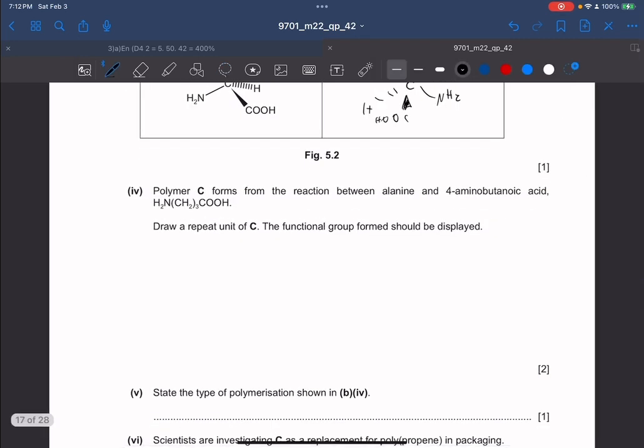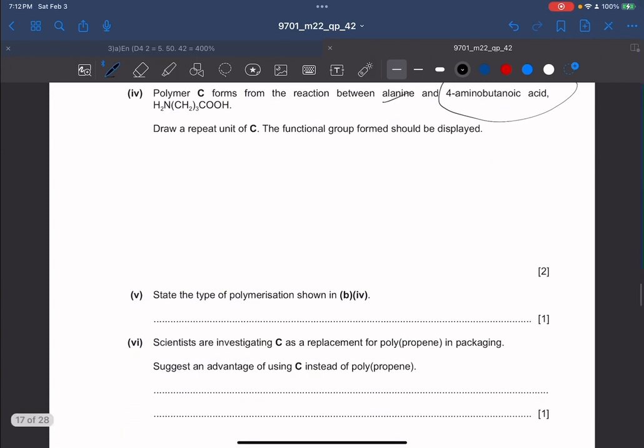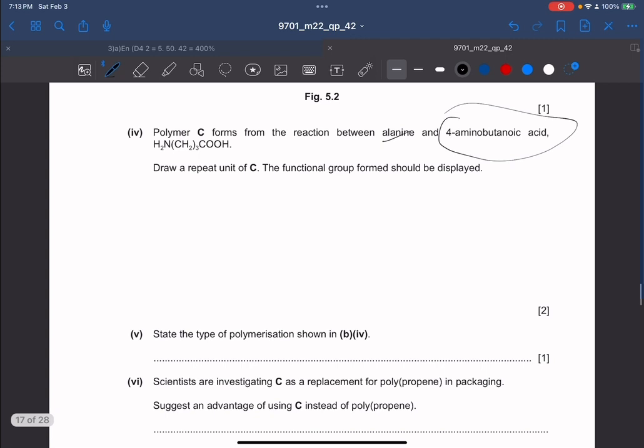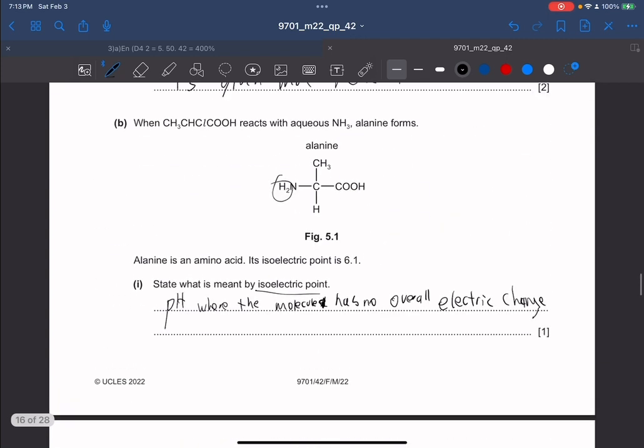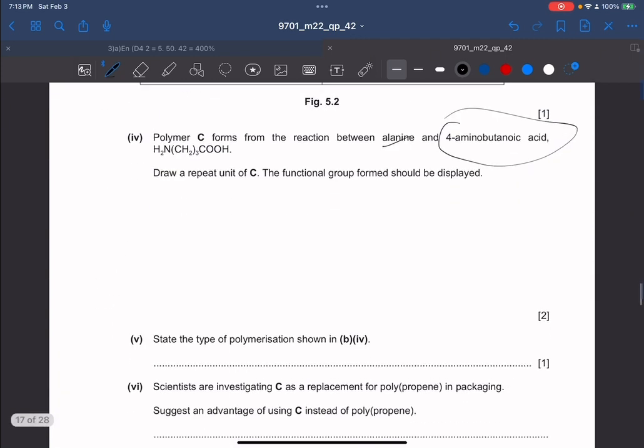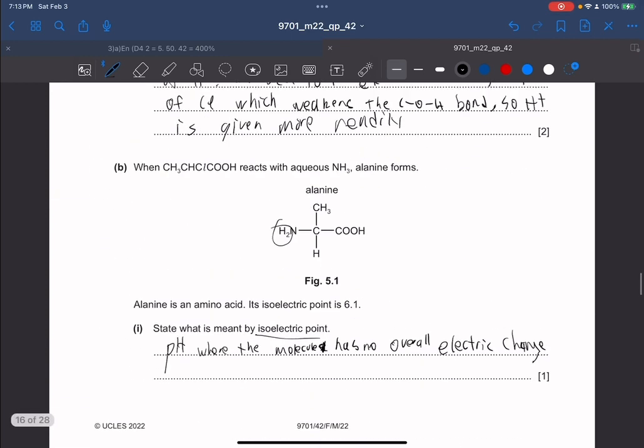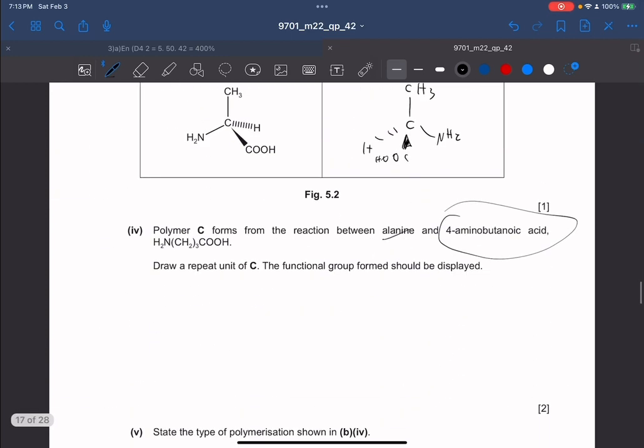Polymer C forms from the reaction between alanine and 4-amino butanoic acid. Draw a repeat unit. Okay, so this is the part of amino acids that I honestly just do not like. But how you could try to make it easier is instead of immediately trying to get the answer, just draw it out, think about it.